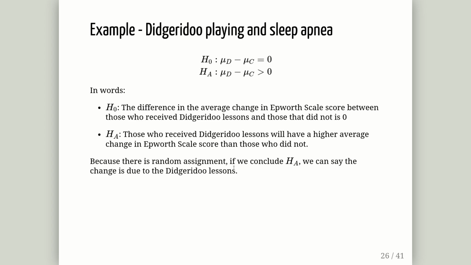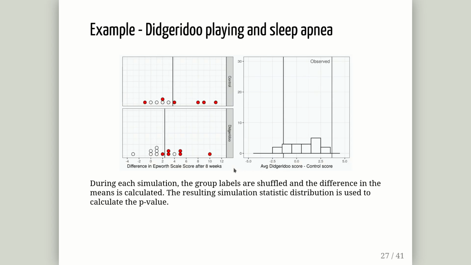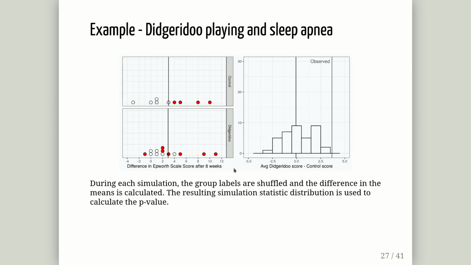This experiment used random assignment, which means that we can conclude that the treatment actually has a cause and effect relationship with the response. So I made an animation of what 100 simulations look like.